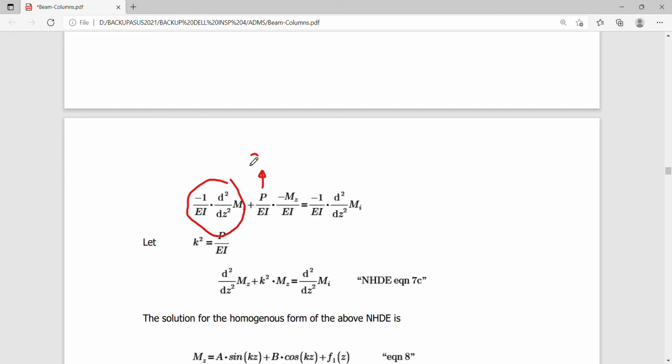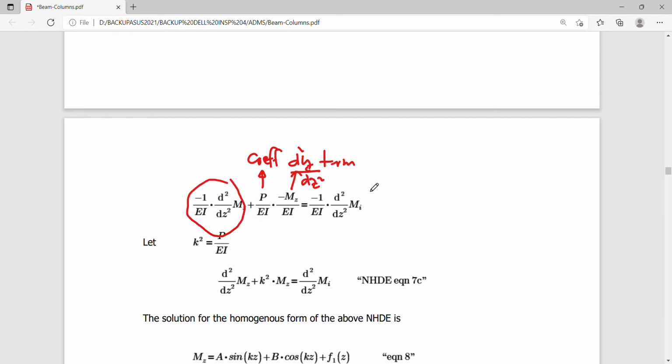So this is simply a coefficient, and this is now the y term, or the d squared over dz squared term.